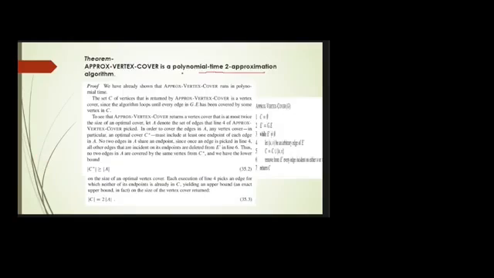It is in the sense we got the optimal solution which is 3 vertices according to the given graph. Approx-Vertex-Cover got 6 vertices. So this 6 is 2 times this optimal, because 6 is nothing but 3 into 2.